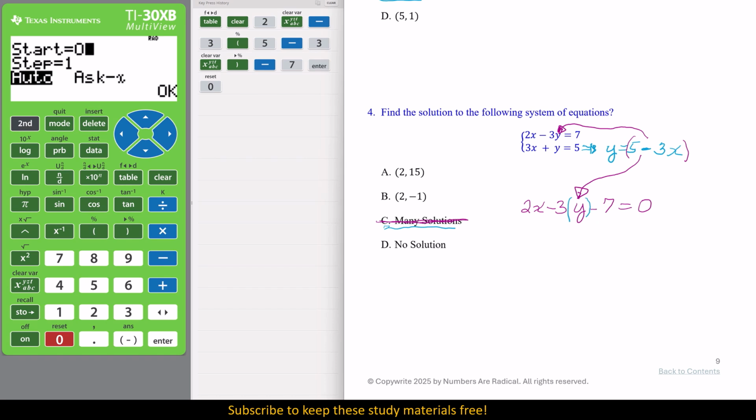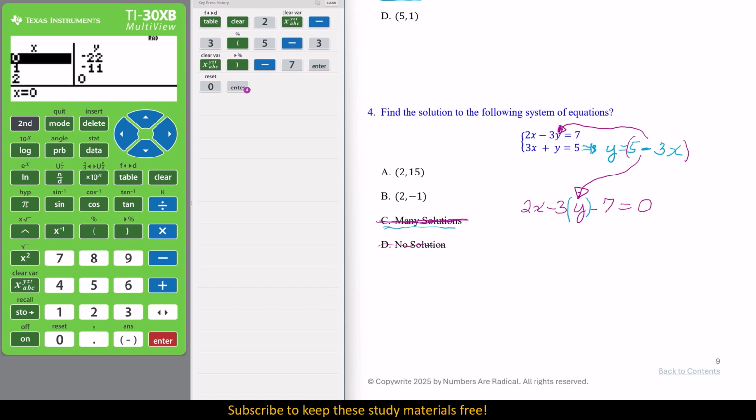I don't see the same slope. You can check that, but I disagree. I'm thinking that when I put this in, I'm going to see that I need the x value of 2. So let's keep going. Push enter, enter, enter. 2 is 0. So that's correct.